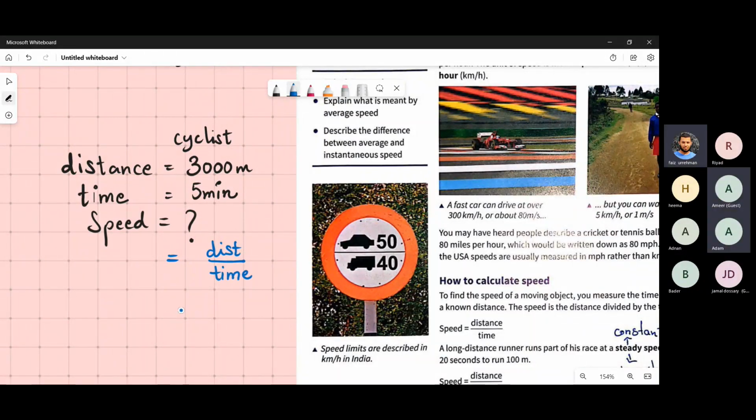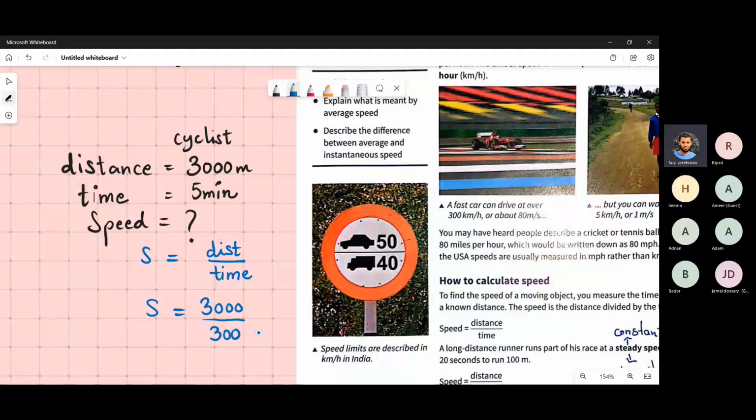We will convert the minutes to seconds. Each minute contains 60 seconds. So similarly, 5 minutes will have 300 seconds.